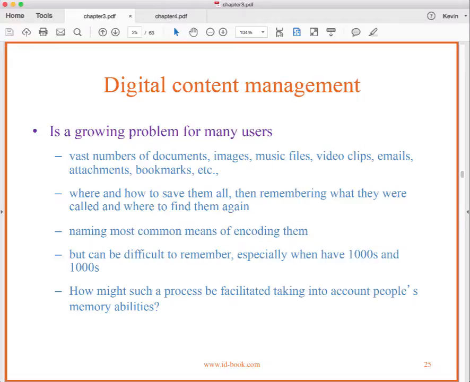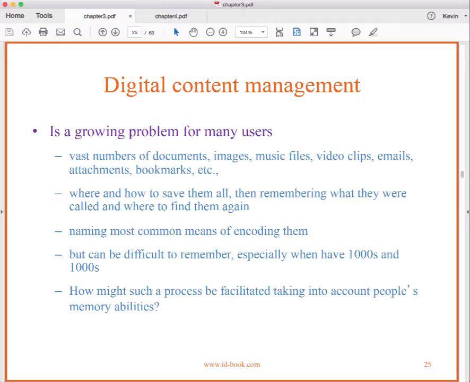Naming is the most common means of encoding them, and it's probably also one of the most basic. You'll see lots of groups of users come to naming schemes for their files. For instance, when I worked at a research center at the University of Illinois, when I got there, we had a scheme for encoding the names of our document files that included their date and a number of other things.